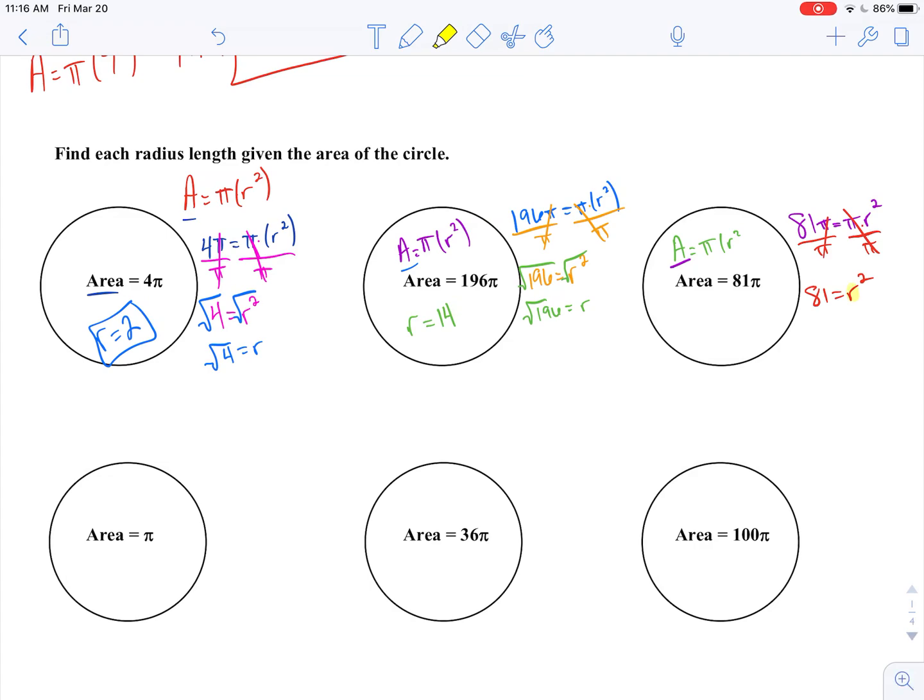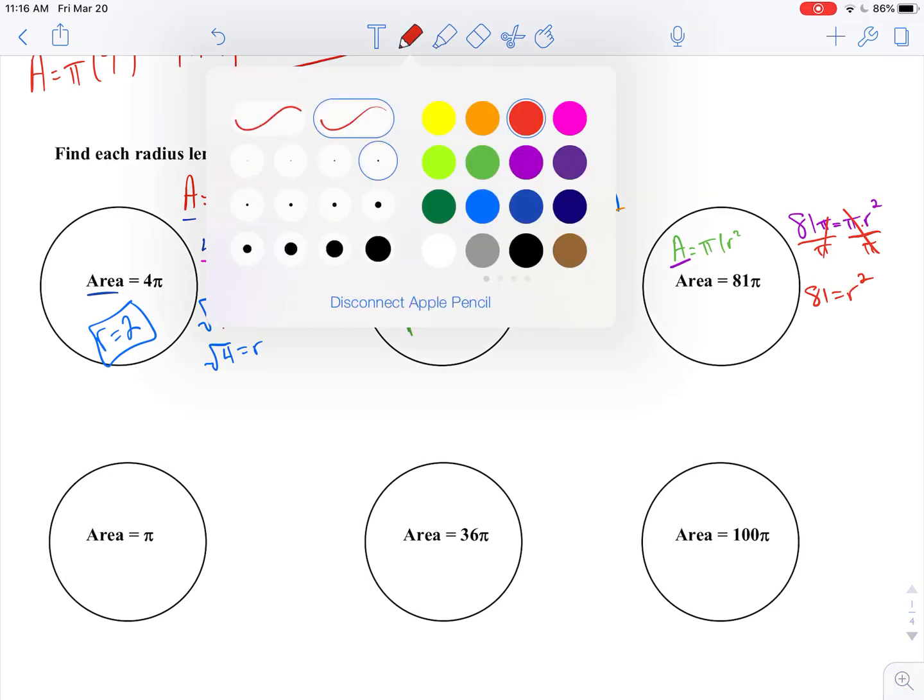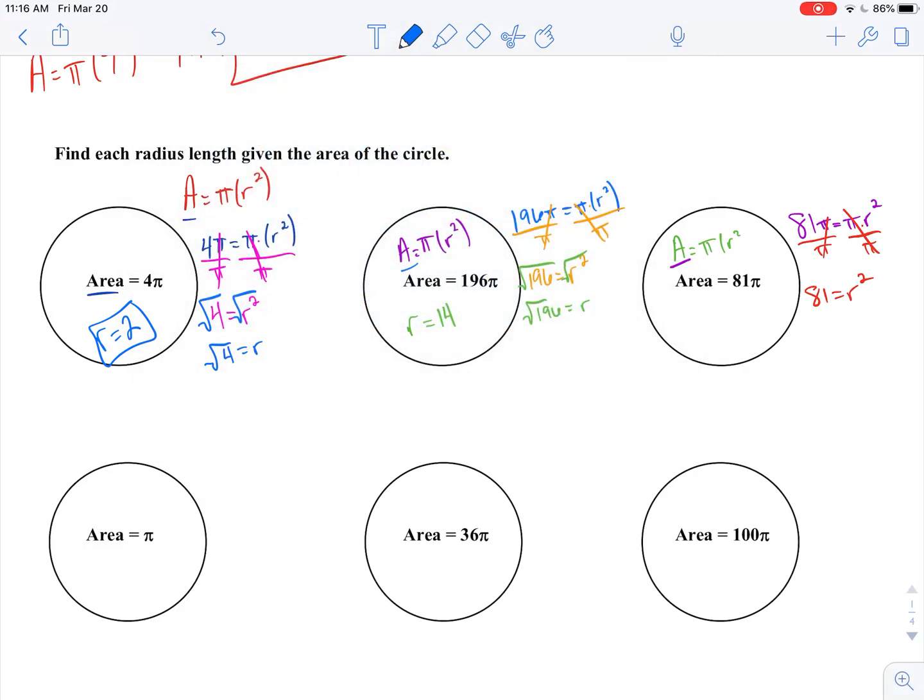So 81 equals r squared. And I want to get r by itself. I want to get rid of that exponent. So what is the opposite of squaring a number? Well, that's square rooting. So square root of 81 equals r, which means that r must be 9.